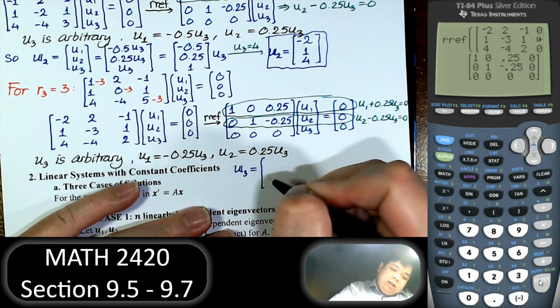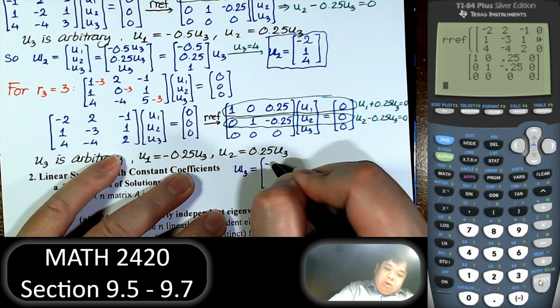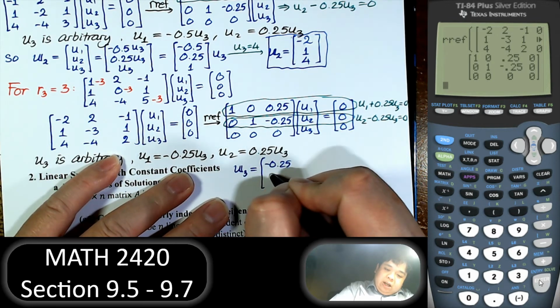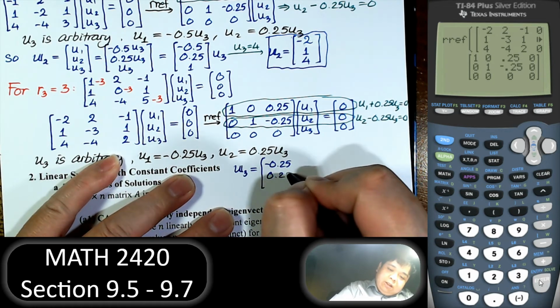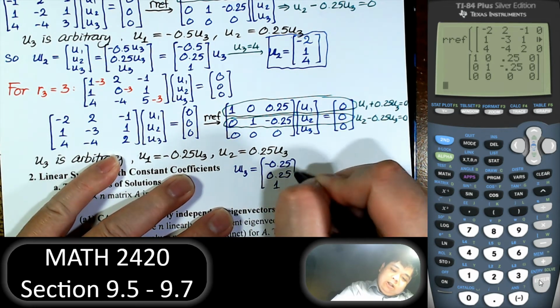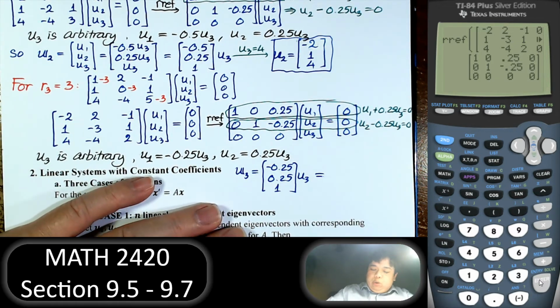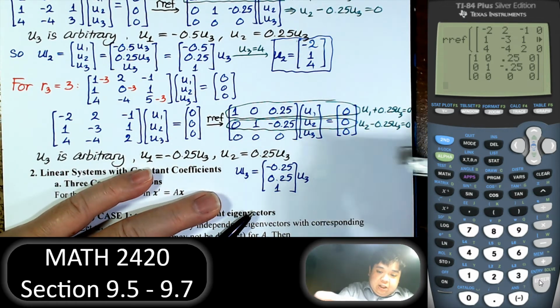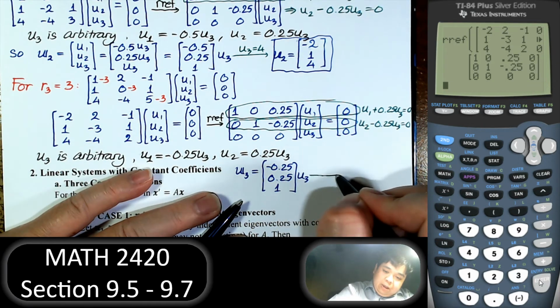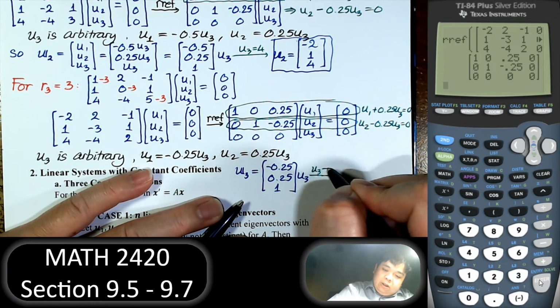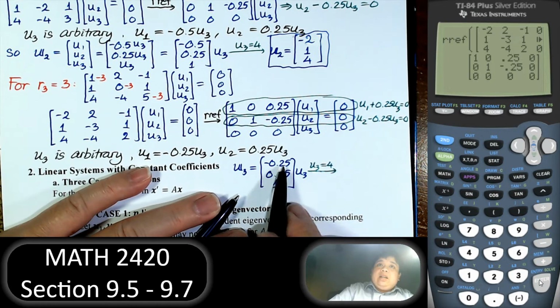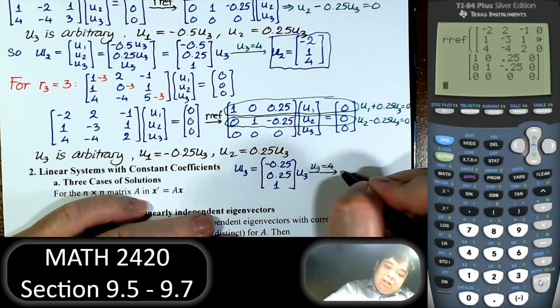The eigenvector will be the first one -0.25, and then 0.25, and then 1 times u3. And then if we choose u3 to be 4, in that case we'll get rid of the fraction.